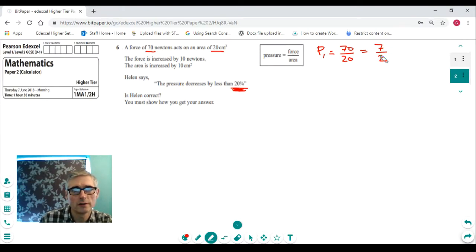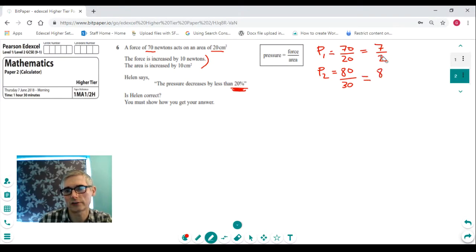We're then told that the force is increasing by 10 newtons, but the area is also increasing by 10 centimetres squared. So the second pressure that we would have is going to be 80 over 30, because we've increased the 70 to 80 and we've increased the 20 to 30.